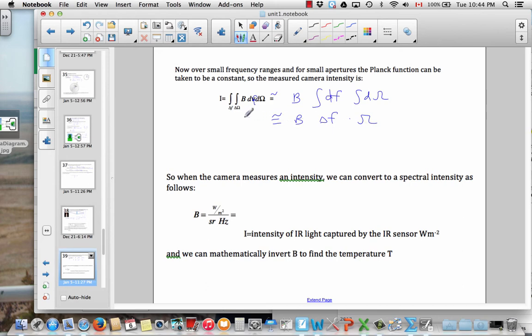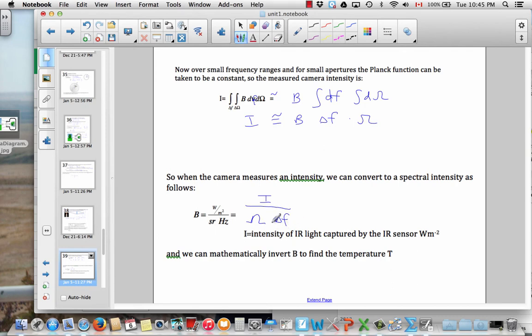So this tells us that if we want to go from the energy per unit time per unit area, which is the intensity, and then calculate what the spectral intensity B is, we just have to take that measured intensity and divide by the amount of solid angle, and then divide by the width of the frequency channel.